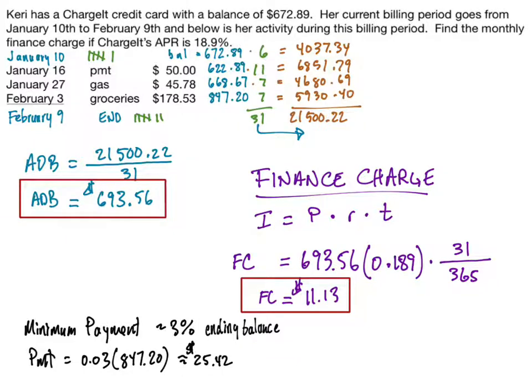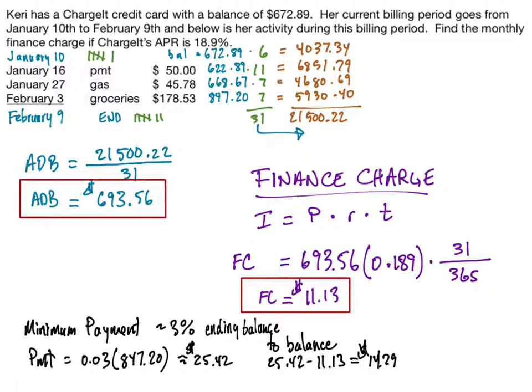And so she makes a payment of $25.42. The problem is $11 of that just, again, goes out the window. It's like burning up $11. The only amount that actually goes towards the balance is going to be $25.42 minus $11.13, which turns out to be $14.29.